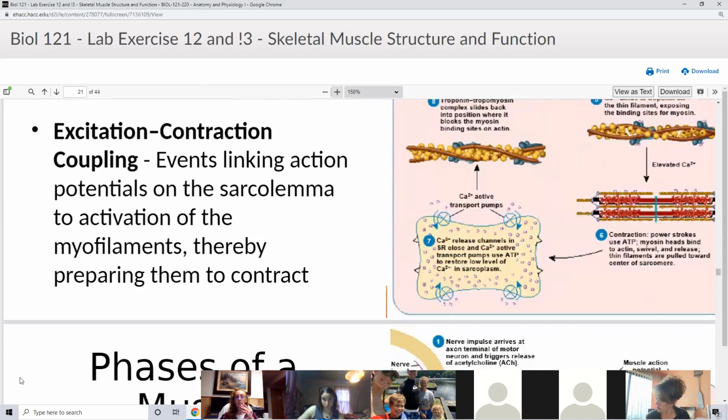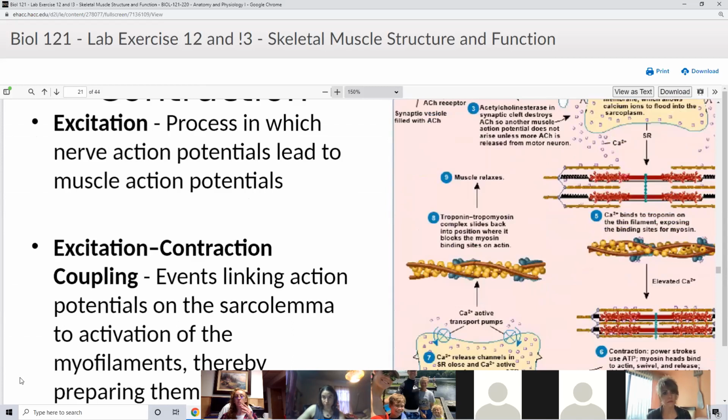So we've got four phases going on here. We've got excitation, where the nerve action potentials are going to result in muscle action potentials along the sarcolemma. And then we have excitation contraction coupling, where these action potentials along the sarcolemma are going to activate the myofilaments, preparing them to contract.